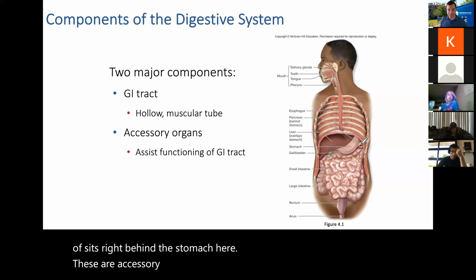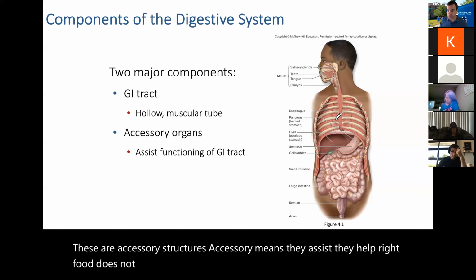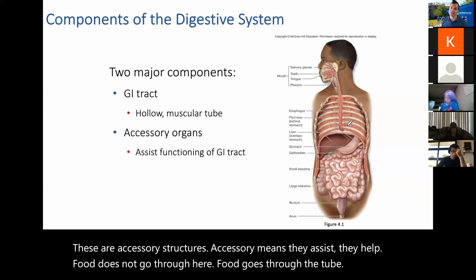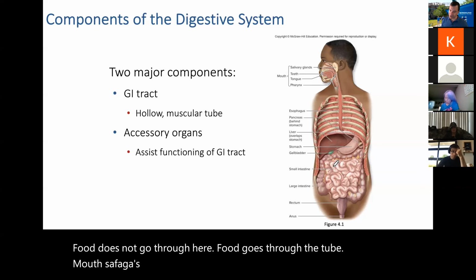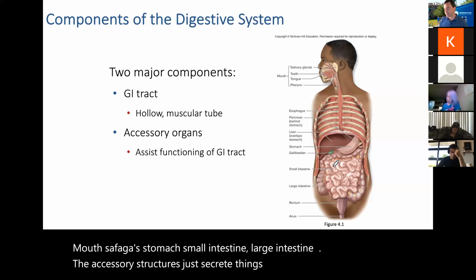Accessory means they assist, they help, right? Food does not go through here. Food goes through the tube: mouth, esophagus, stomach, small intestine, large intestine, rectum, anus. The accessory structures just secrete things into the tube to assist in breaking things down.